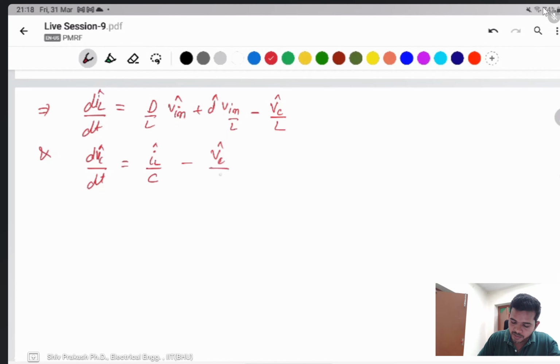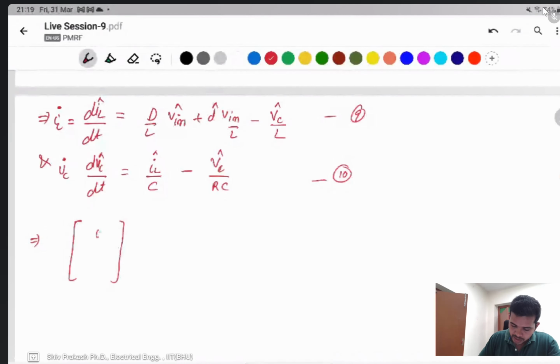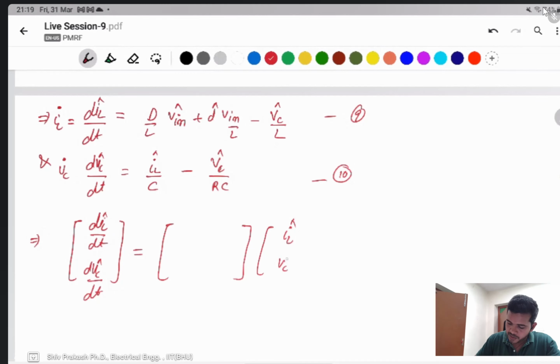This one you can write as IL dot, VC dot, and you can write the matrix like IL cap dot, that is d IL by dt and d VC by dt, with IL cap and VC cap.